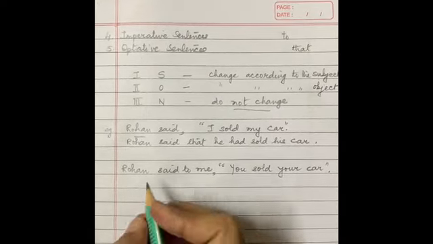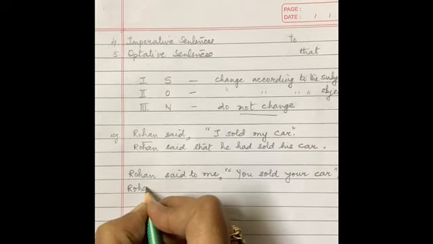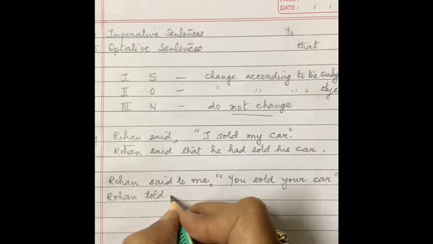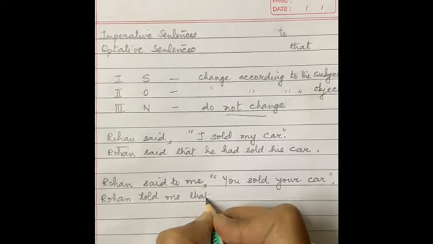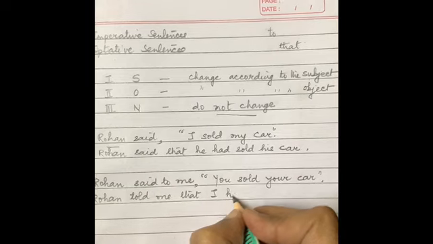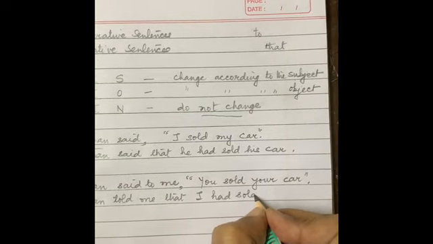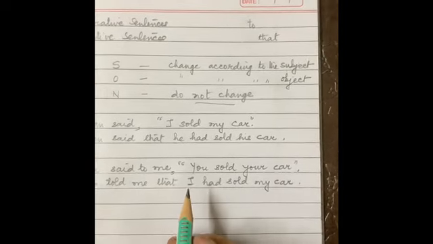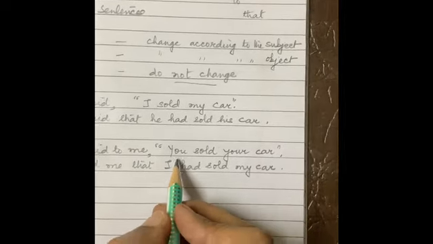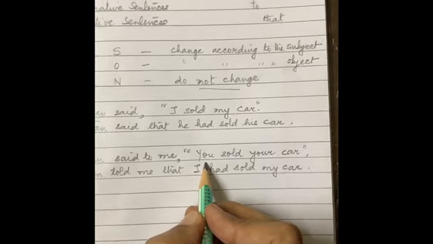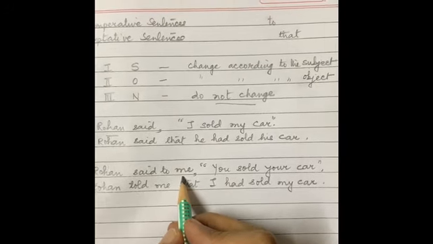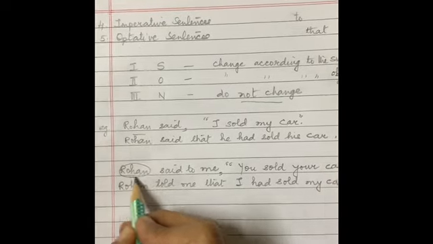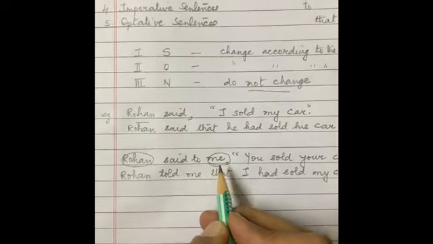Now this becomes: Rohan told me that I had sold my car. So now the second person pronoun you changes according to the object, that is me. Rohan is the subject and me is the object.